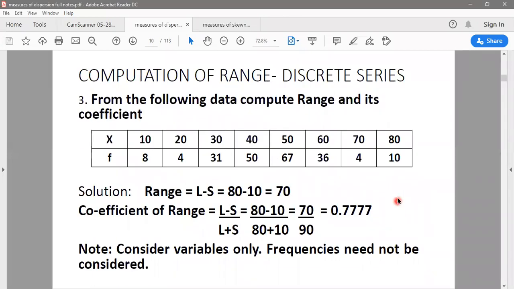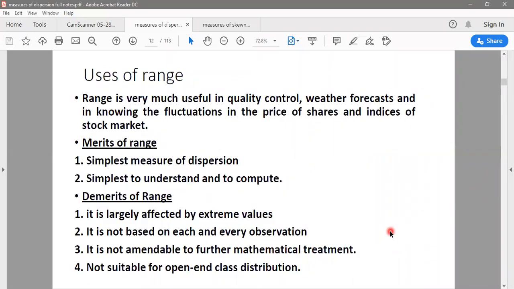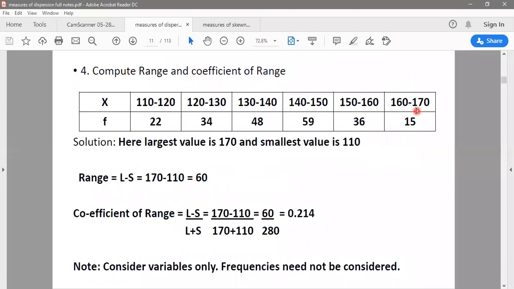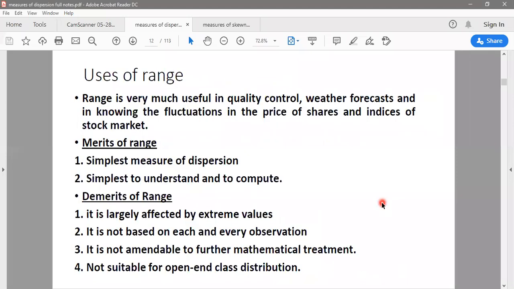Now for range in the discrete series also, just see where the largest number and smallest number are in x, and find the range. And then we saw the continuous series also: find the largest number 170, the smallest number 110, and find the difference. Then the uses, merits and demerits of range we also went through.